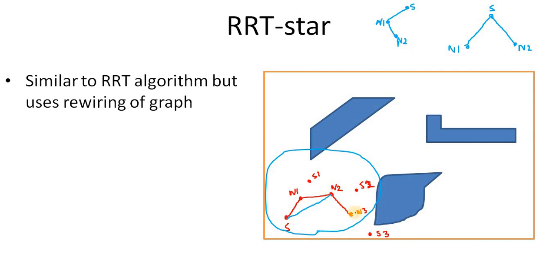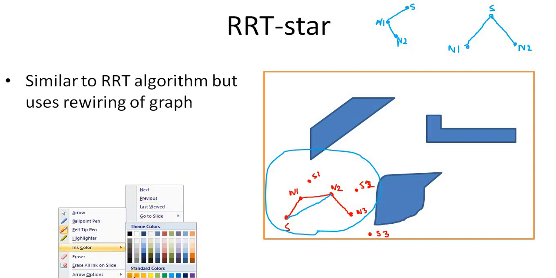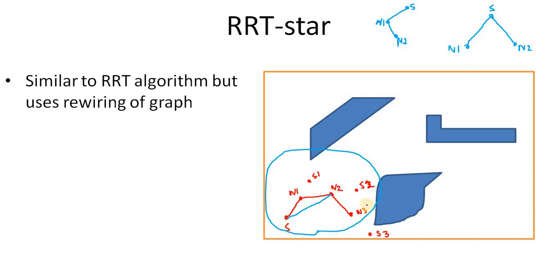Like we did for N2, from N3 we look at a specific radius R, at all the nodes in the tree, and we look for which is the shortest way of going from N3 to S. So we found that going N3 to S directly is shorter than going N3 to N2 and then N2 to S. So we remove this edge.